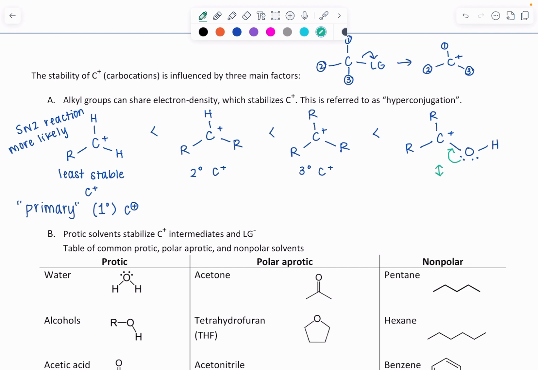So I'll draw the resonance structure here. Through that resonance, we now have a closed shell carbon. Oxygen is still closed shell. Even though it's positive, it still has 8 electrons in its valence shell. So this is the most stable version of a carbocation, when it is stabilized by resonance. So this isn't called a primary, secondary, tertiary. It is just resonance stabilized.